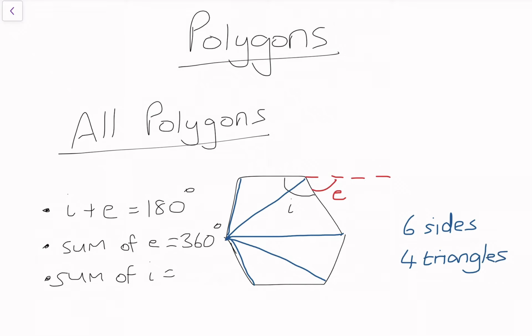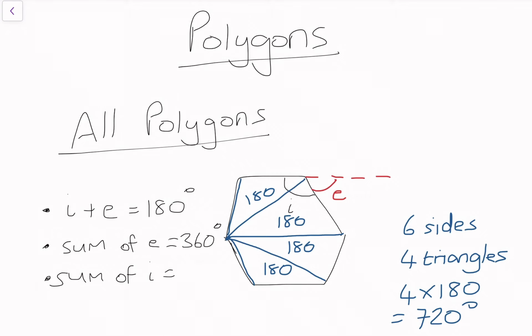Now if you think of each triangle adding up to 180 degrees, so you're going to have 180 in here, 180 in here, 180 in here, and 180 in here, then the total angle here is going to be 4 multiplied by 180. And 4 multiplied by 180 gives you 720 degrees.